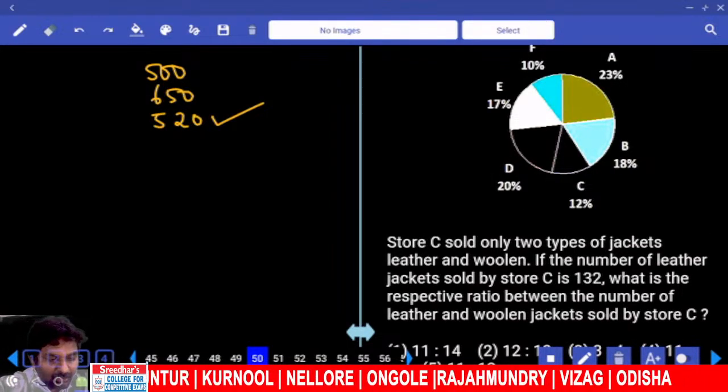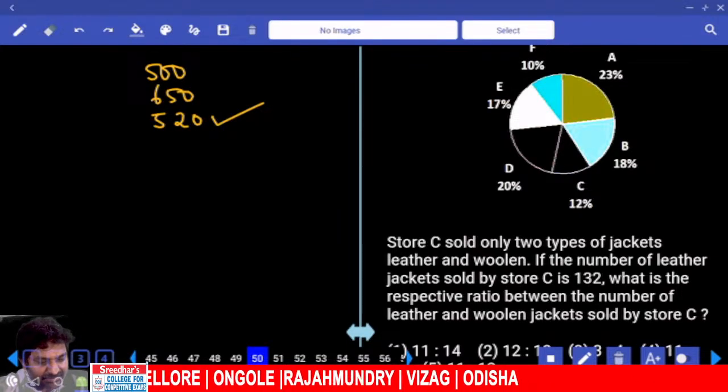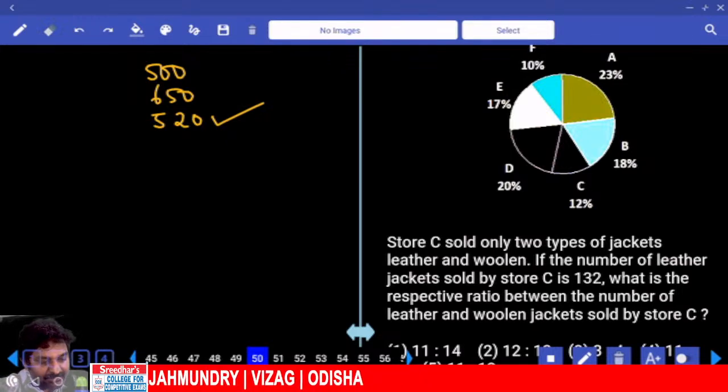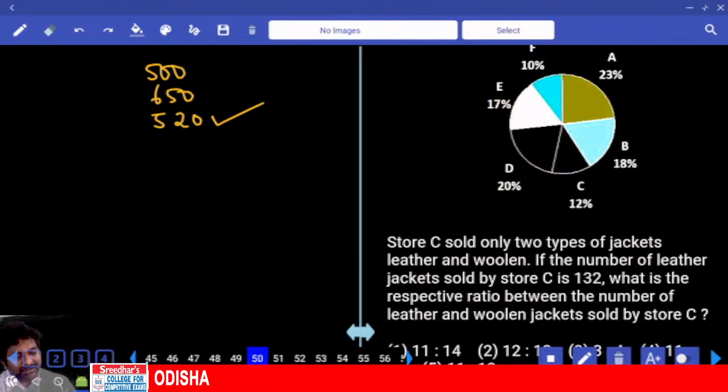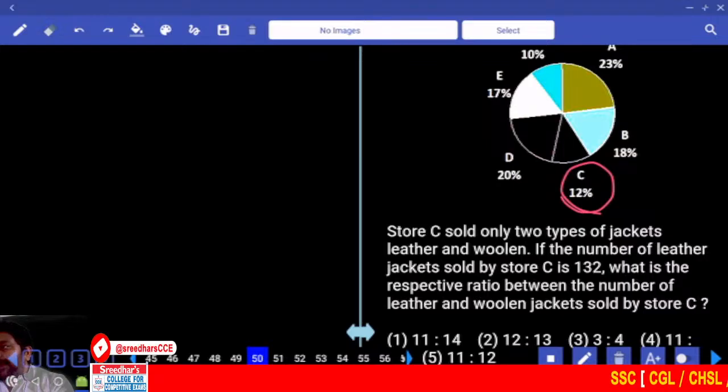Store C sold only 2 types of jackets, leather and woolen. If the number of leather jackets sold by Store C is 132, what is the respective ratio between the number of leather and woolen jackets sold by C? C total it is 12%. 12 25s. 4 25s is 100, so 12 25s is 300.